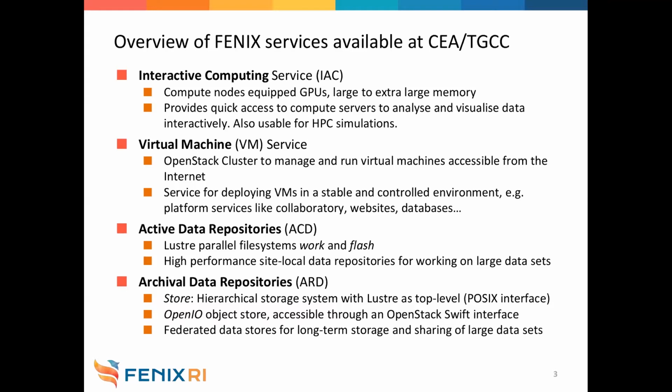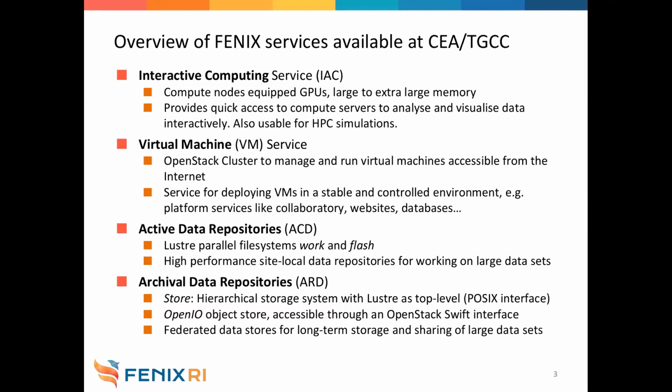One is a legacy hard disk drive file system called Work, and the other one is more performant and is made fully of SSDs. It's called Flash. The purpose of those file systems is to provide working space for large data sets on the compute center.